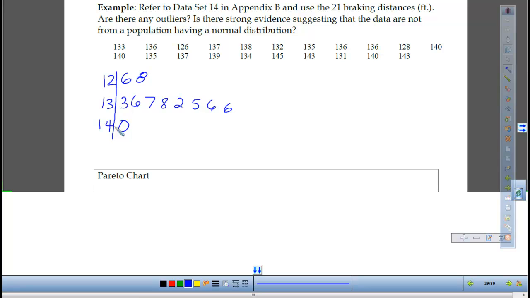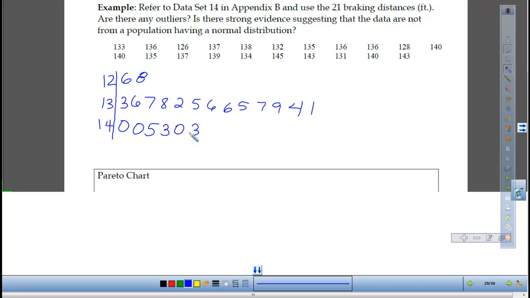Yeah, I did it by the first row. Okay, then we got 140 again, 135, 137, 139, 134, 145, 143, 131, 140, and 143 again. Okay, I think I got it right.